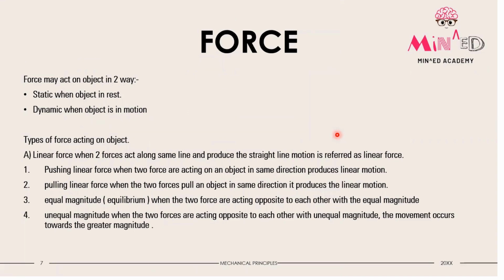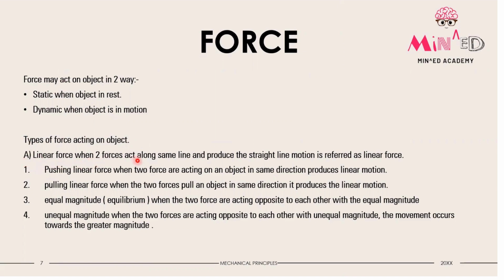Force may act on an object in two ways: static and dynamic. Static means when the object is at rest, dynamic when the object is in motion. Now the types of force acting on an object. First is linear force. What is linear force?